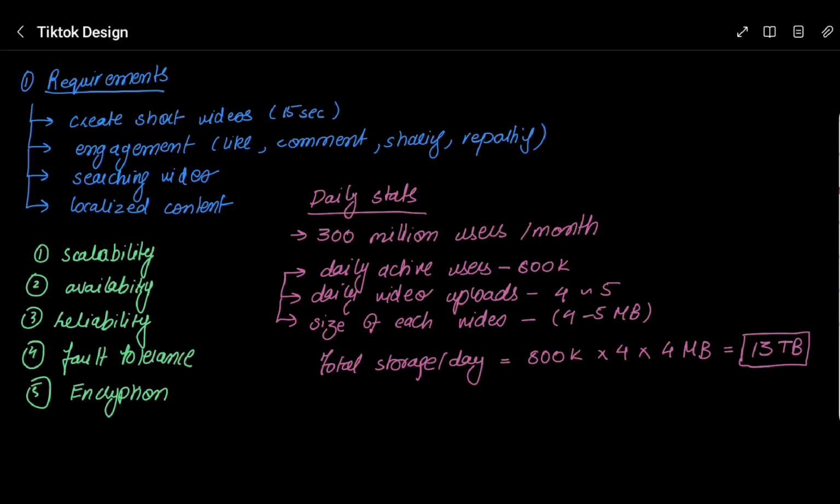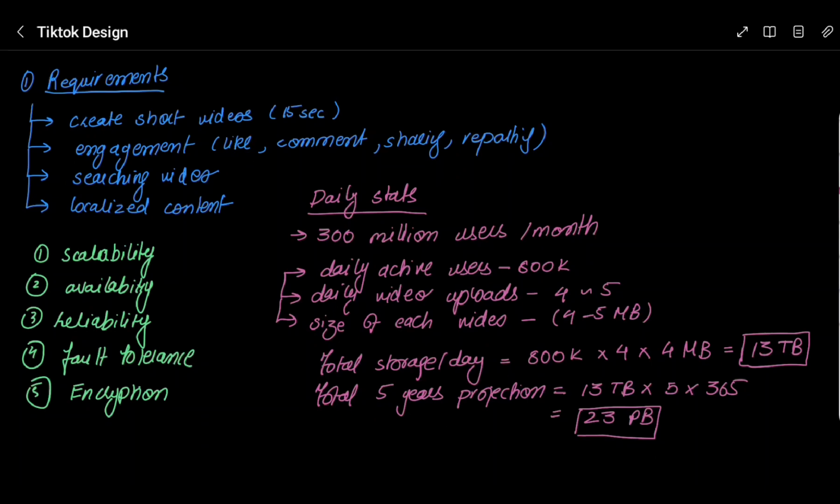How we can compute that is simply through total, so this is 13 terabytes into 365 days, and it evaluates up to somewhere around 23 petabytes.